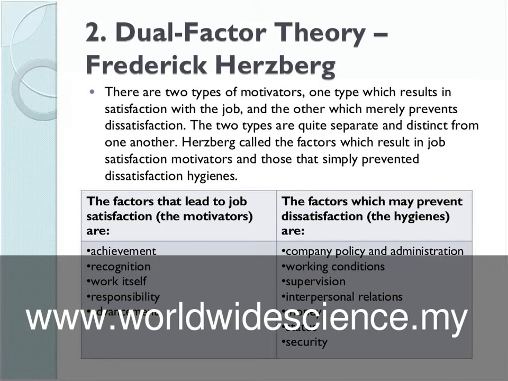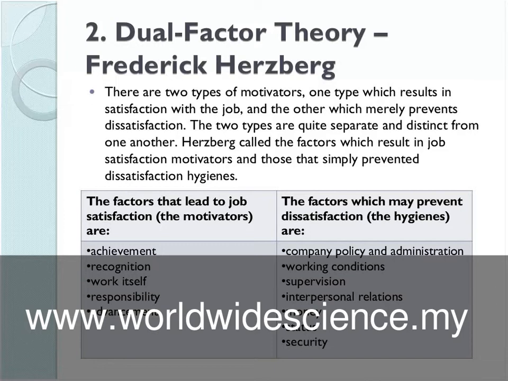Let's see, here are some examples. The factors that lead to job satisfaction, which means the motivator factors, are achievement, recognition, the work itself, responsibility, and advancement. And in the table we can see the factors which may prevent dissatisfaction.